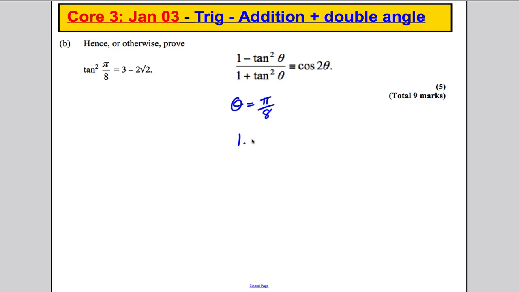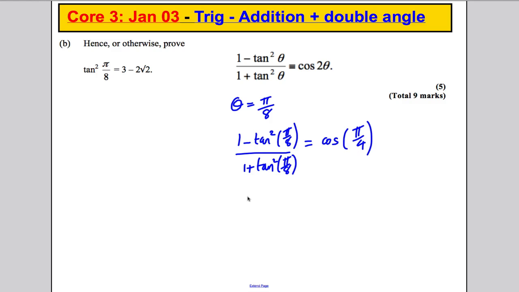We would have 1 subtract tan squared pi by 8 over 1 plus tan squared pi by 8 equal to cos 2 times pi by 8, which is cos pi by 4. Now, cos of pi by 4 is root 2 over 2.